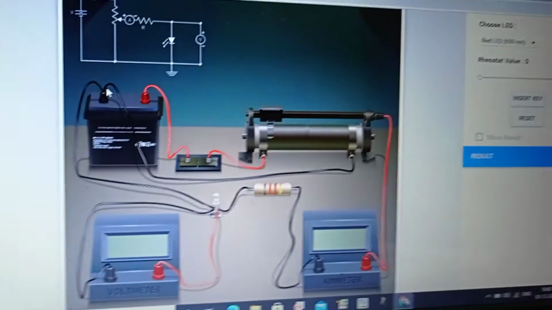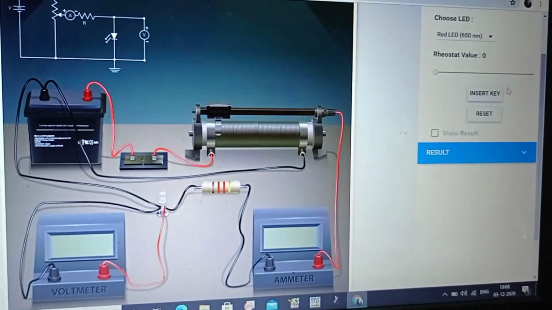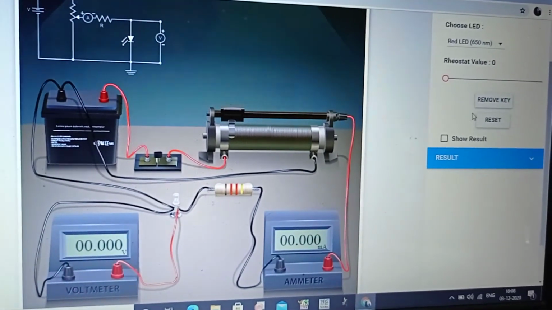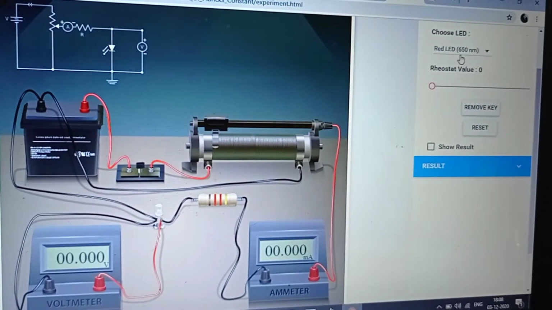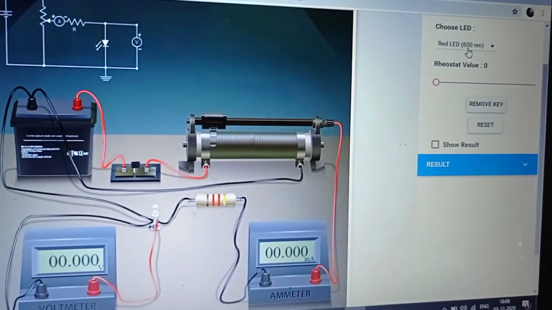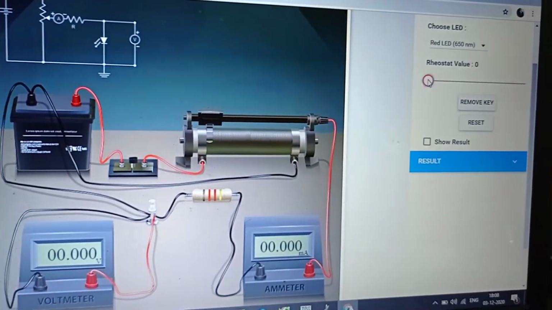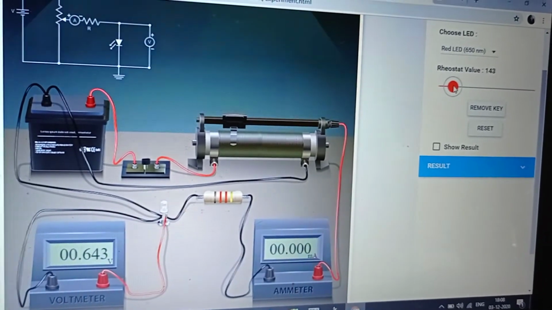Now the connection is complete, and when we insert the key, the experiment will start. By adjusting the rheostat value, we have taken the LED first to be red, and when we adjust the value of the rheostat like this, when the current starts flowing, then the LED will glow.